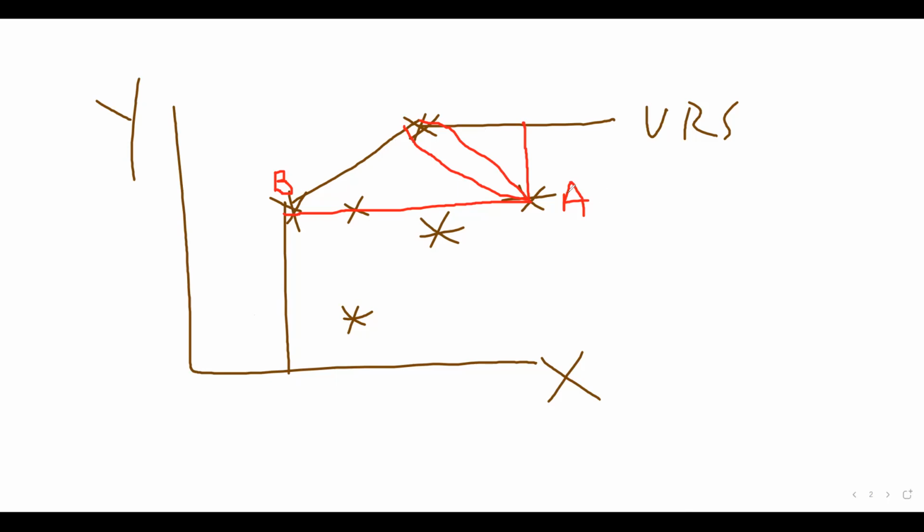So the efficiency score of A becomes a relative score. Okay, the efficiency score of A becomes what? It becomes a relative efficiency score. Relative. Why relative? It's relative because the score depends on a frontier.